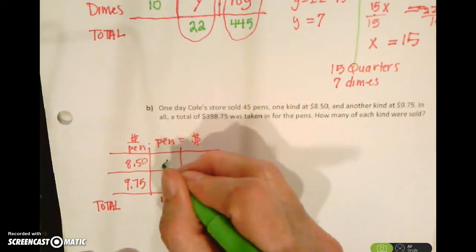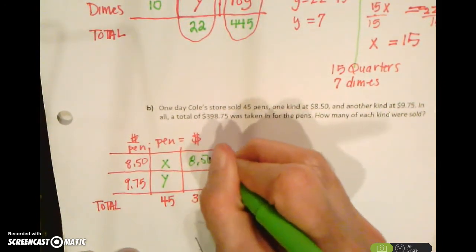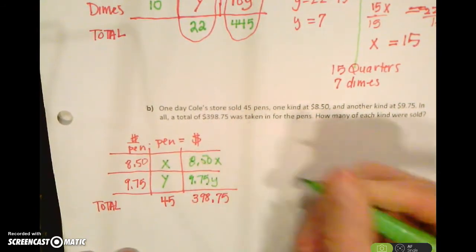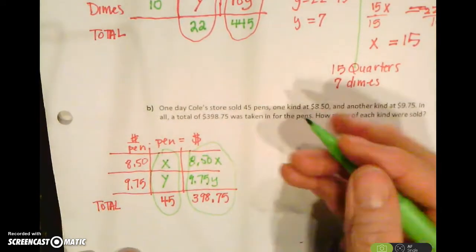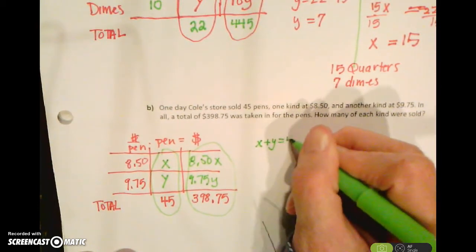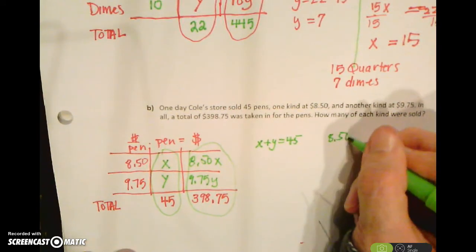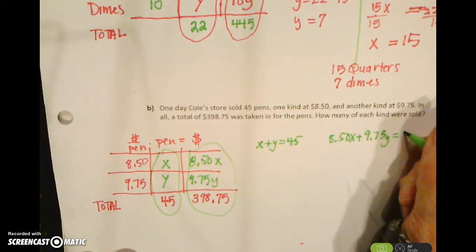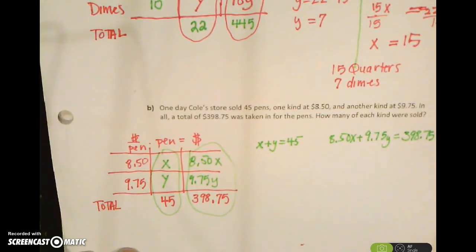Then for my pens, I'll make X and Y. I'll multiply across and get 850X and 975Y. My two equations will go with those totals. So I'm going to have that X plus Y is equal to 45, and I'll also have that 850X plus 975Y is equal to 398.75.